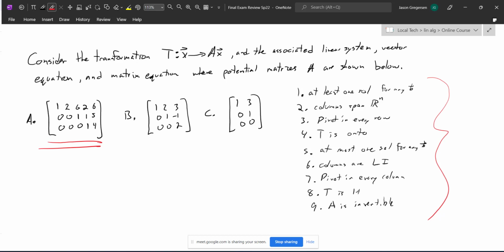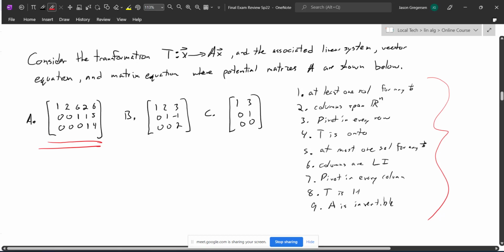So maybe you think it's 1, 5, 8, and 9. You would just type that into the chat. So for matrix A, list all the statements that would be true. And once again, question marks are totally fine.